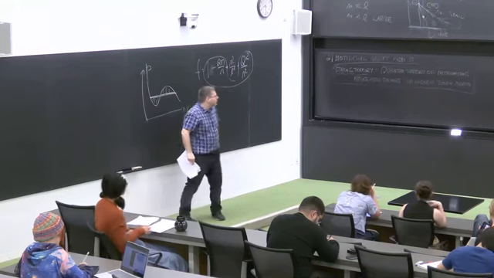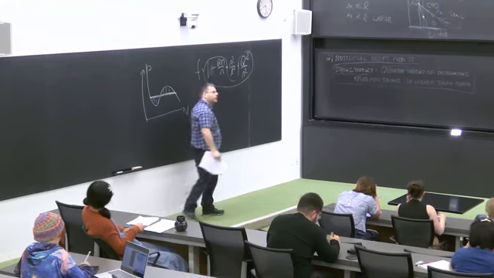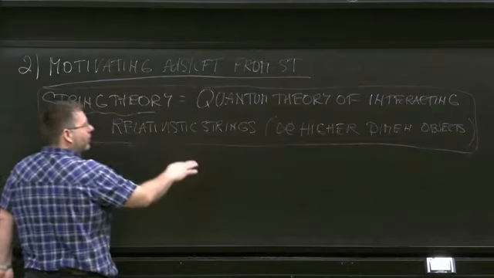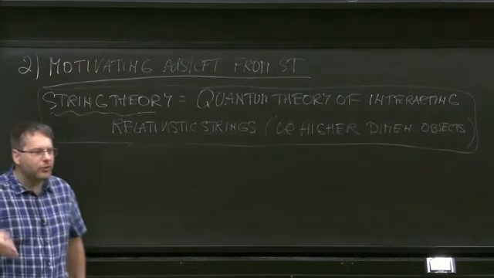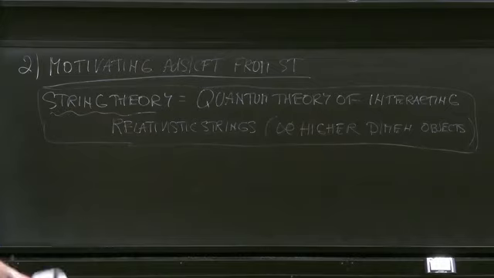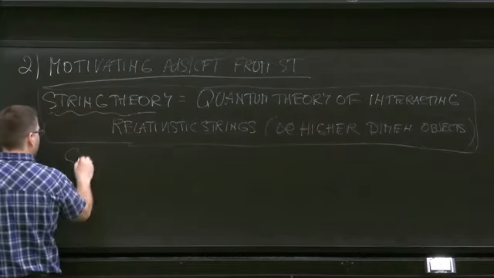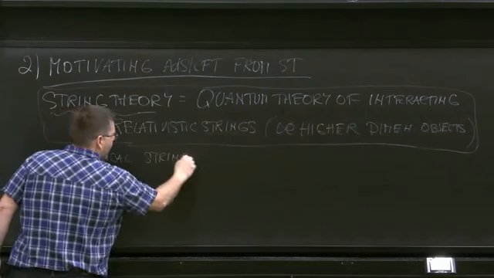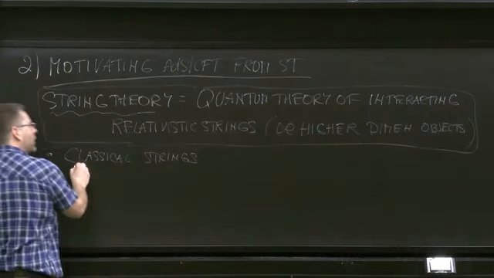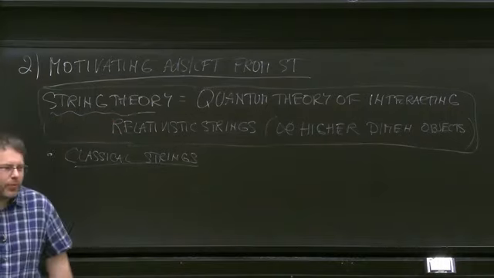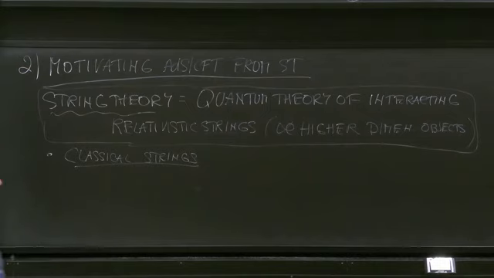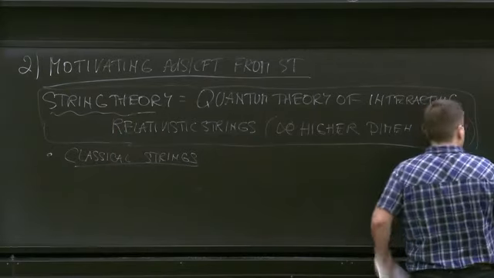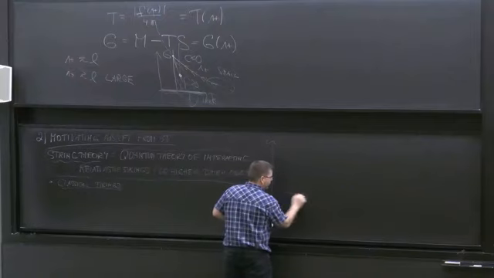So now let me start discussing. You've probably seen this in many courses, but let me just review that. You have a quantum theory of relativistic strings. So let me start with what a relativistic string is. Let me do a classical thing, so let's call this classical strings. And let me do an analogy. We know what a relativistic particle is. If you have a relativistic particle, there's time here, and you have space here.